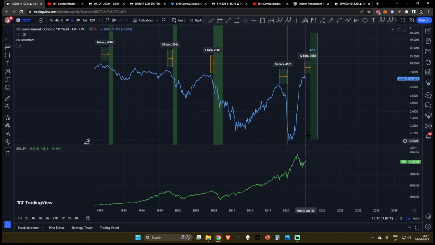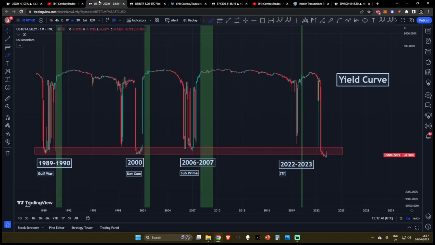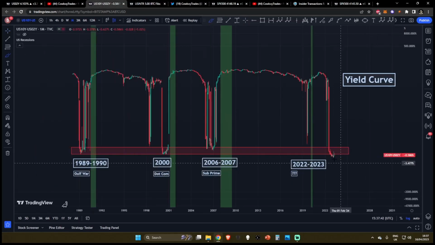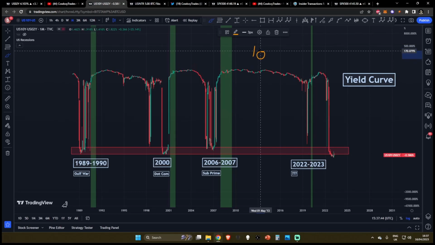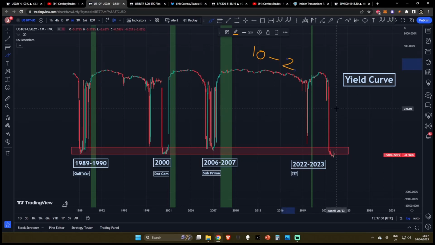So because we've had 2-year government bonds take a monumental tear to the upside, this is why we're seeing the yield curve, which once again, remember, is simply the 10-year government bond returns minus the 2-year government bond returns. So we're just subtracting the 2-year from the 10-year.